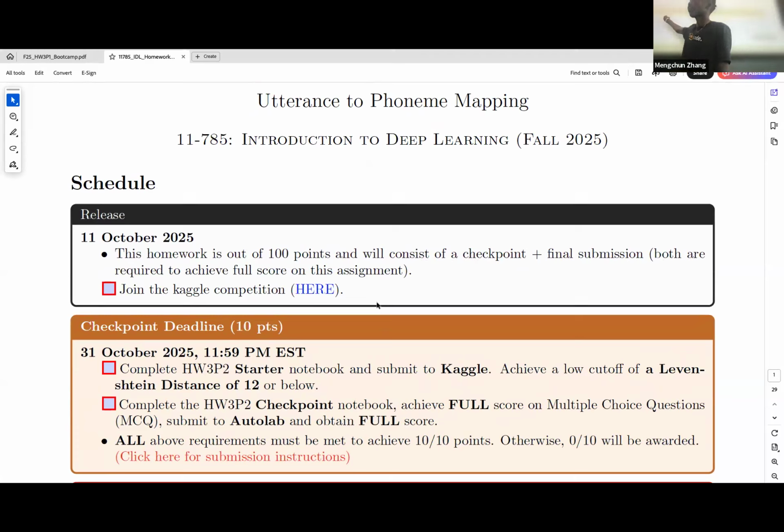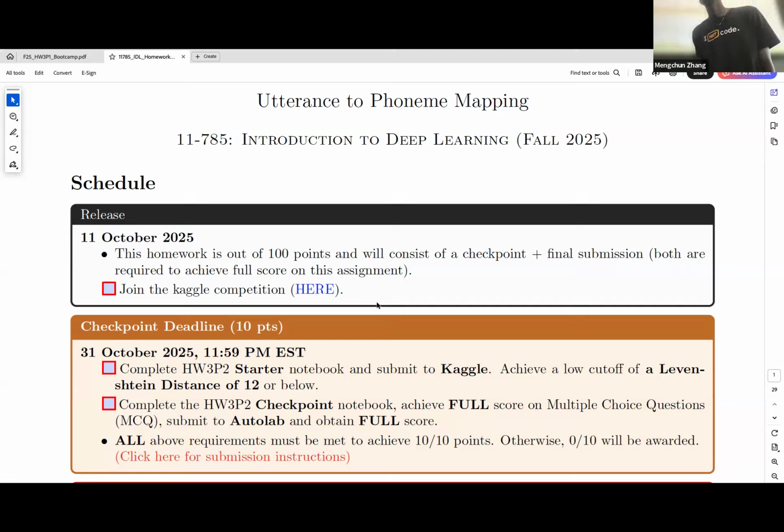The checkpoint is worth 10 points as usual: the total assignment is 100%, but the checkpoint is 10 of those. So if you don't submit the checkpoint by this time, you're going to miss 10 marks. This is not an early submission, this is the checkpoint, so you have to actually submit it to get the full 10 marks.